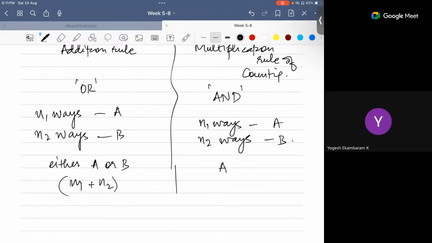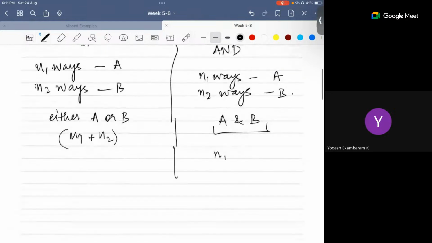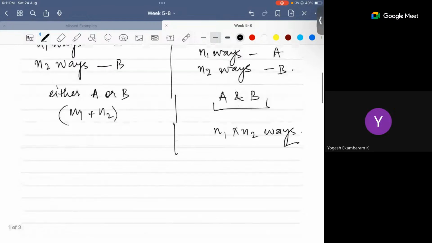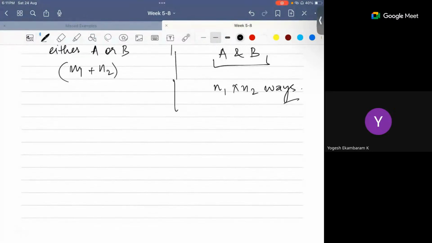Okay, A and B. So both are there. Then it will be N1 times N2 ways. Correct.